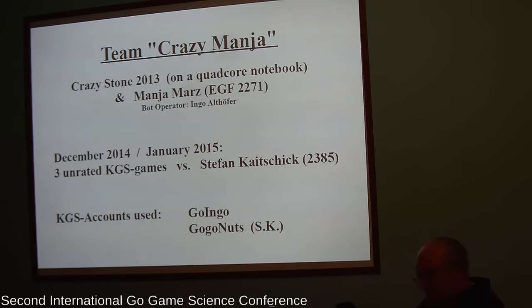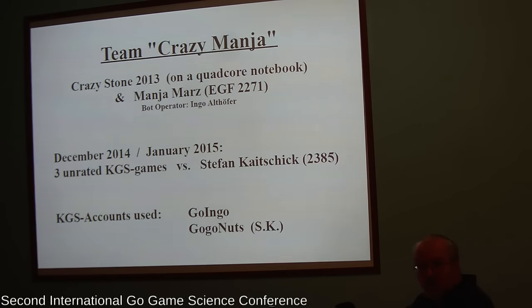And in last winter, in January, we played 3 unrated games on KGS versus Stefan Kaitschik. He's a 5-dan from Hamburg, rating 2,385. And you can replay those games when you go to the archives of KGS. The team Crazy Manja played under my account, Go Ingo, and Go Nuts, that is Stefan Kaitschik.